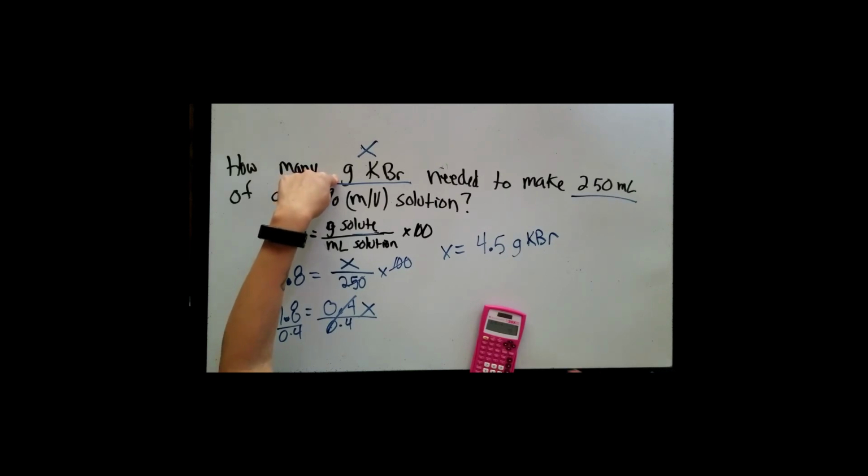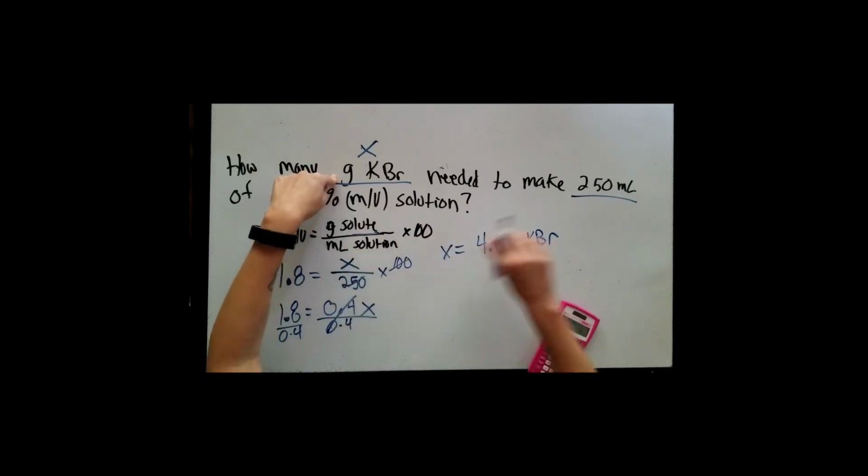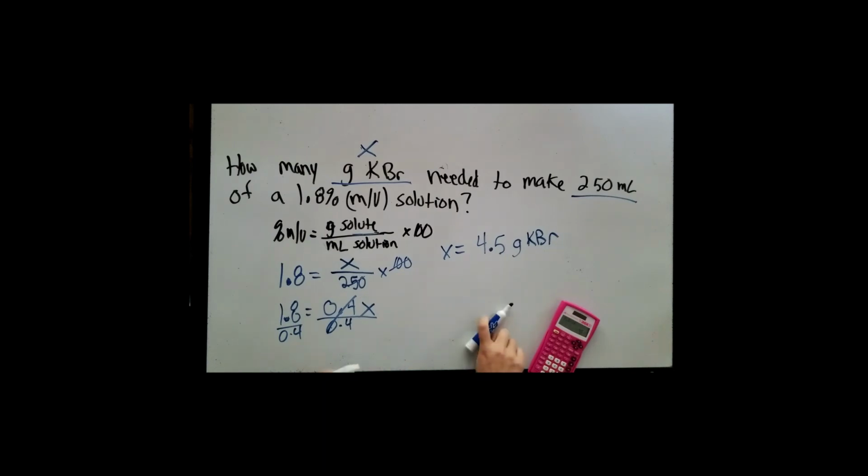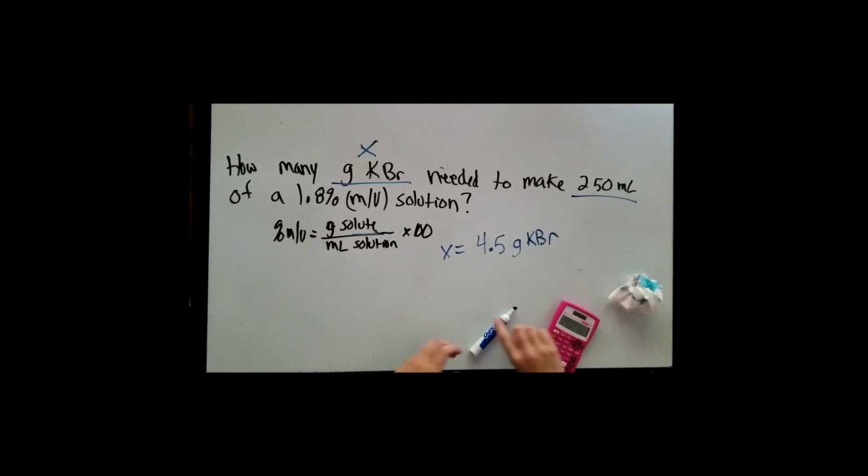On these ones, when you rearrange, especially this type with all the words and craziness, it's nice sometimes to just calculate it using the grams you calculated to make sure the percent matches up. So I'm going to do that quickly.